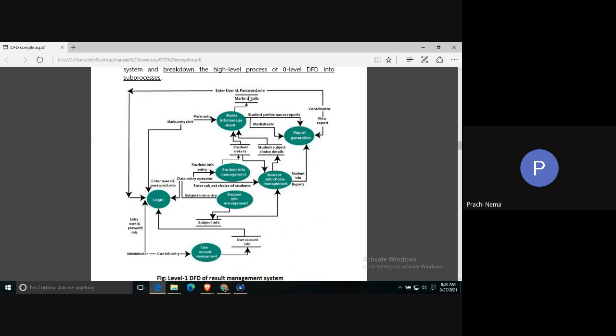Secondly, there are many data repositories also included here. Between these parallel lines, what is written is the name of the data repository, like marks details, student details, student subject choice detail, user account information, subject information. So all these are repositories.